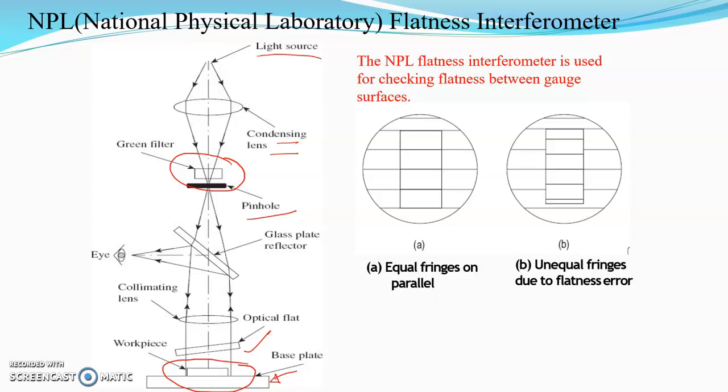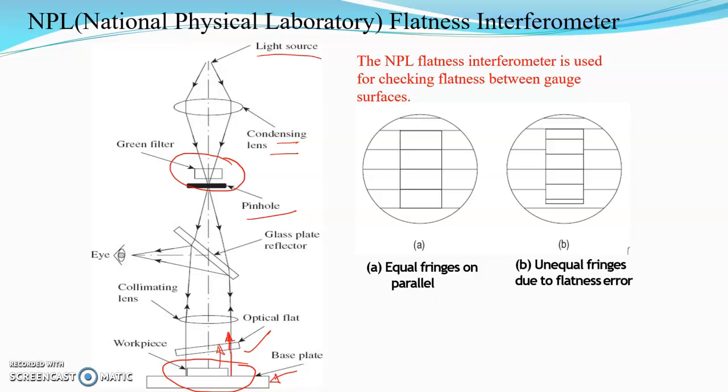Since the bottom surface of the optical flat is partially reflecting, one beam of light is reflected back from the optical flat. Another portion will be reflected either from the base plate or from the workpiece.